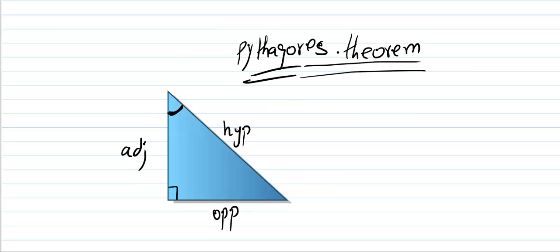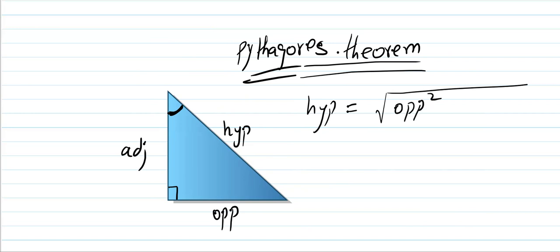The Pythagoras theorem says the hypotenuse is always equal to the square root of opposite squared plus adjacent squared. Some teachers take it in a different way, but this way I'm using is the easiest way and you will never forget it. If you have to find the hypotenuse, you will find it this way.